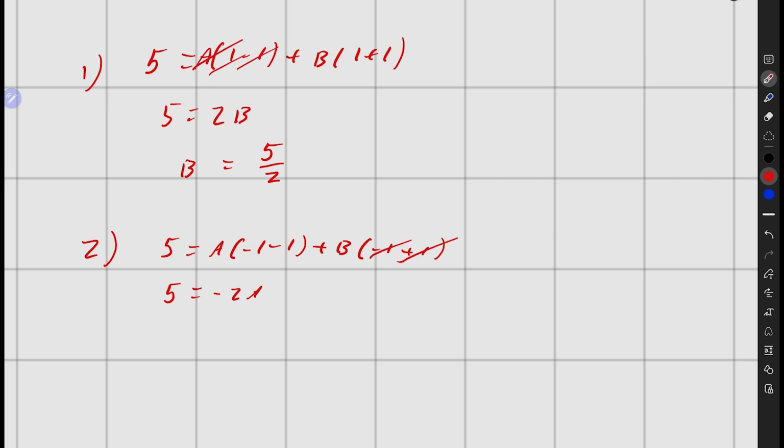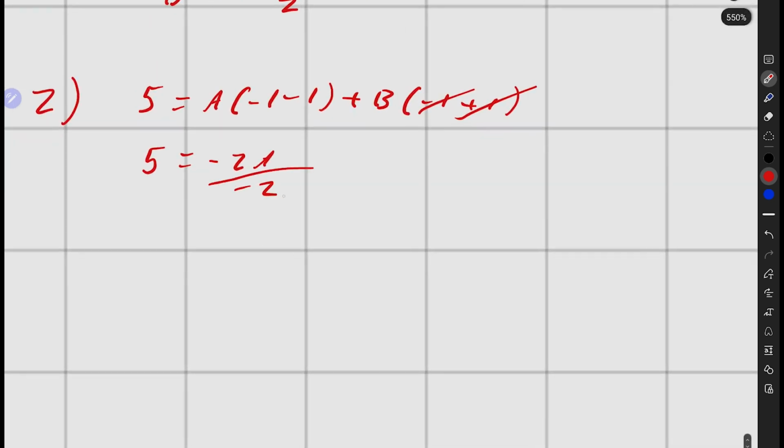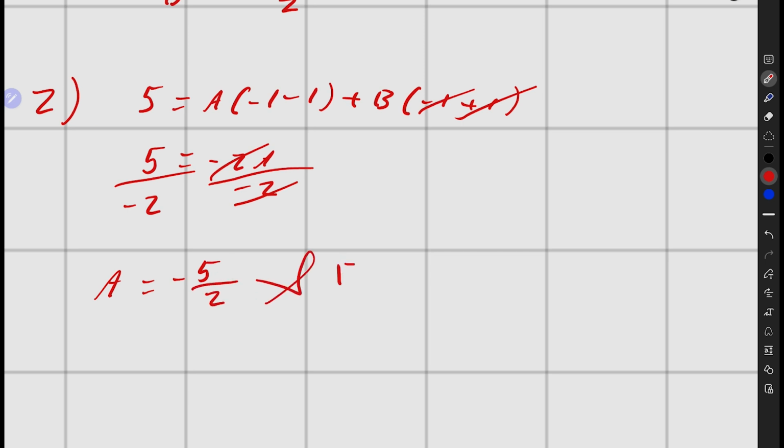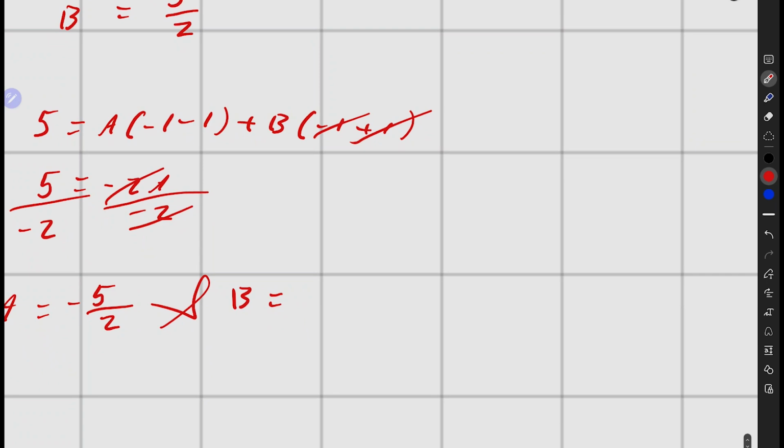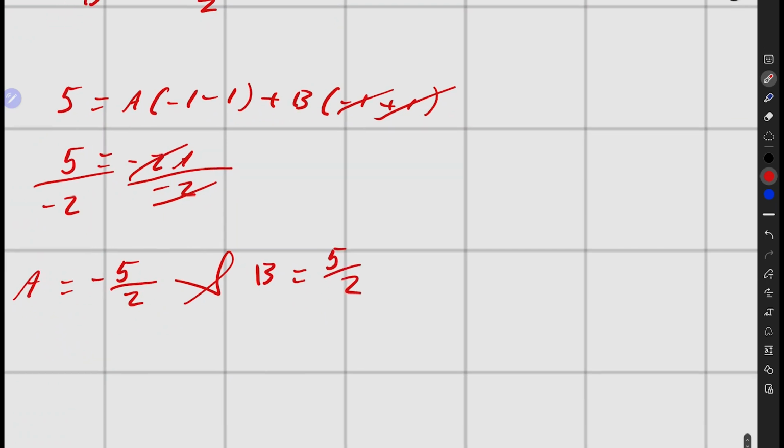Minus 1 minus 1 is minus 2, times a, minus 2a. Divide by minus 2 on both sides, solve for a. a is going to be equal to minus 5 over 2. And b is going to be equal to 5 divided by 2.